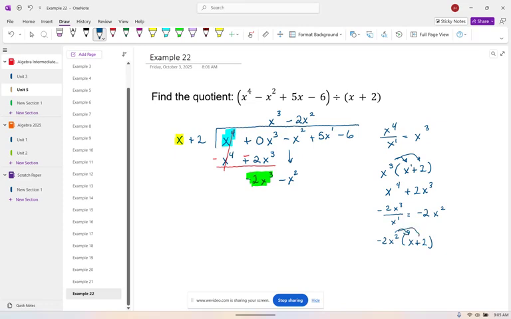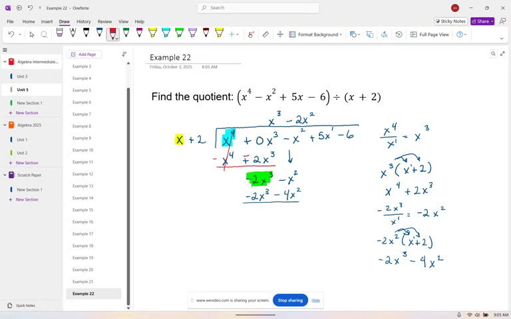And now we'll take that minus 2x squared and multiply it by the x plus 2. Again, if you don't need to do the distribution, you don't have to show what I'm doing right now. I'm just doing it to make it clear. So we have negative 2x to the third, and negative 2 times positive 2 is negative 4x squared. So we'll put in here minus 2x to the third minus 4x squared.